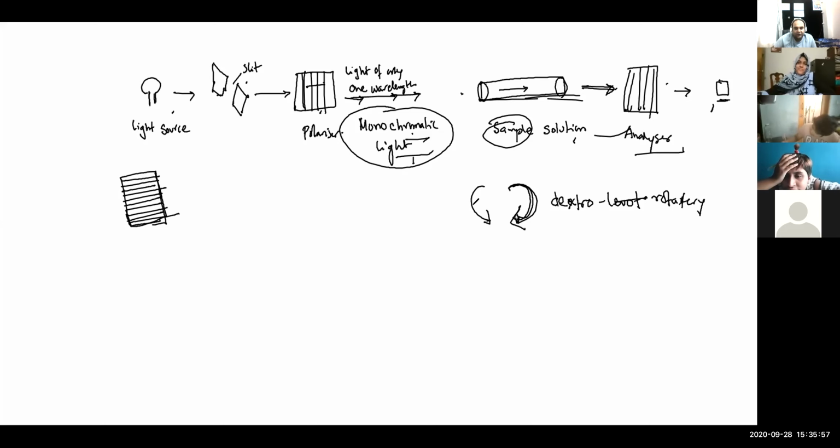And if it rotates it in the anti-clockwise direction, we call it levorotatory. This is A2. Dextro and levo is A2.